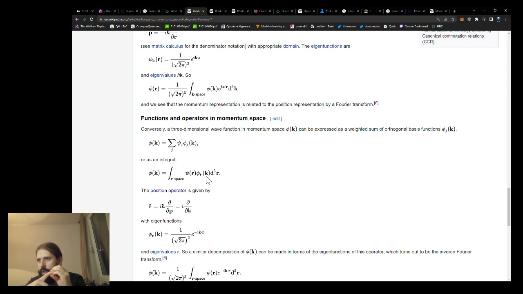If you want to get the momentum space wave function, and you know a given set of... so what this is saying is, if you know your wave function in position space, we could do an example next time probably, then you multiply these by the eigenfunctions, and then you get the stuff in momentum space, essentially.